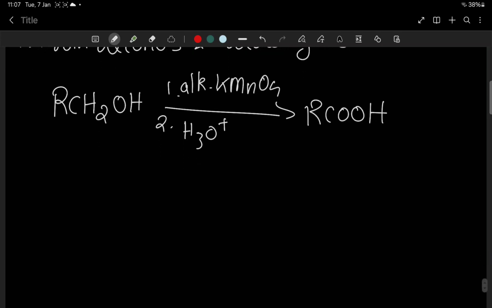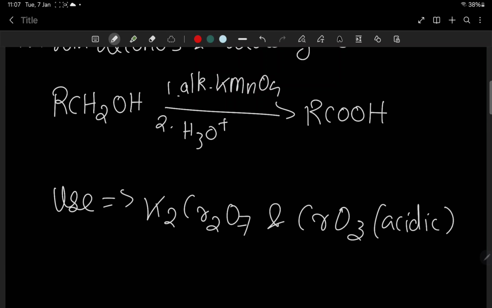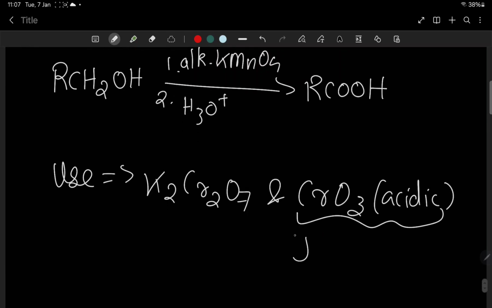We can also use other reagents: K2Cr2O7 and CrO3 in acidic medium. The CrO3 in acidic medium is called Jones reagent. This is very important. They can give you questions like this.